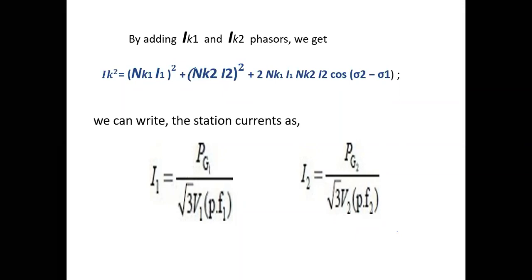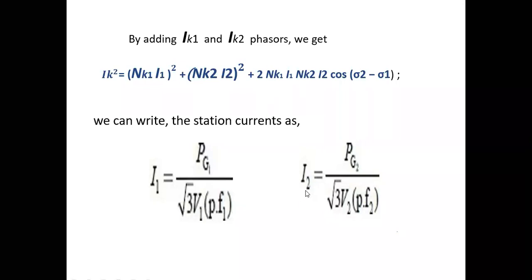And one more thing is that we can represent I1 and I2 in terms of real power and voltages also. Basically we have a power formula, P equals root 3 VL cos phi in terms of three phase. From that we can easily write I1, which is given by Pg1 divided by root 3 into V1 into power factor 1.